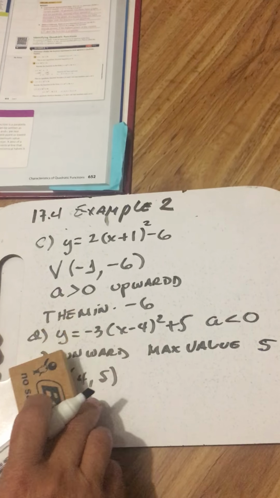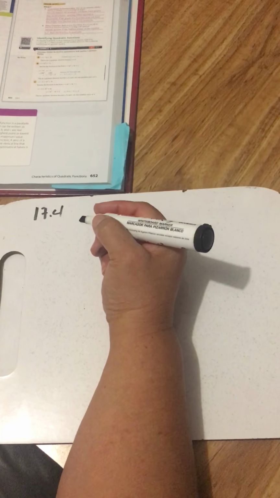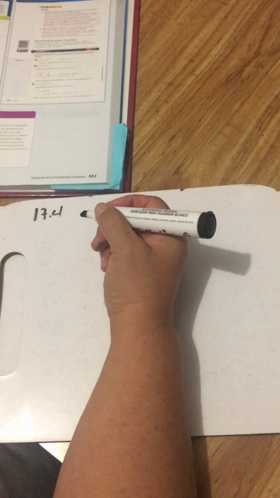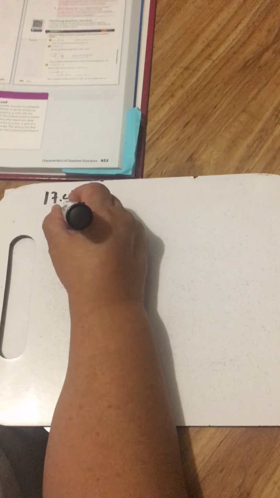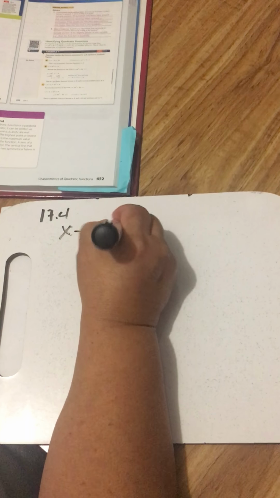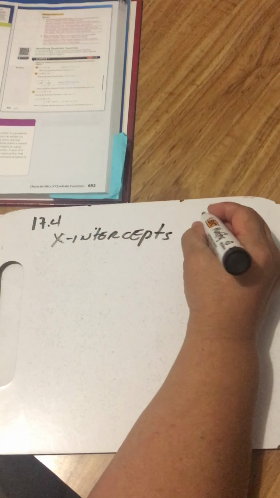I'm going to erase. Then, the zero of a function is a value of x that makes the value of the function 0. The zeros of the function are the x-intercepts of the graph.